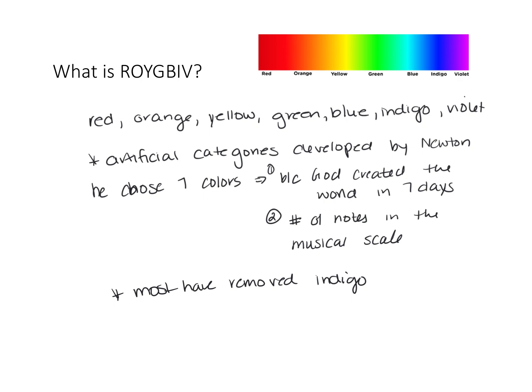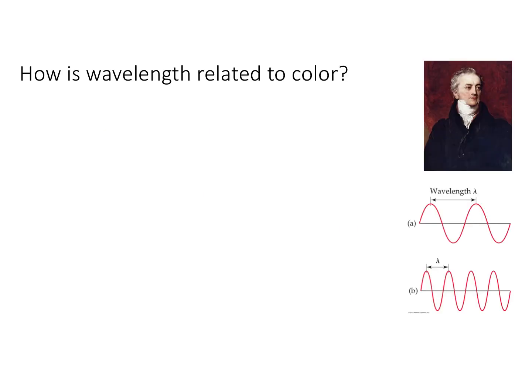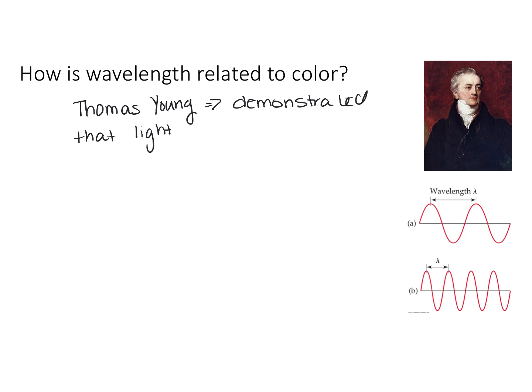Okay. So at the turn of the 19th century, another English scientist was able to demonstrate what other scientists had hypothesized. And this English scientist's name was Thomas Young. Right? And he demonstrated that light is a wave, right?